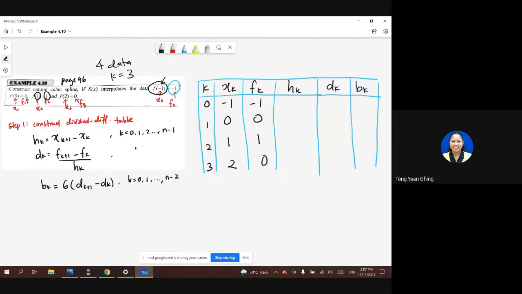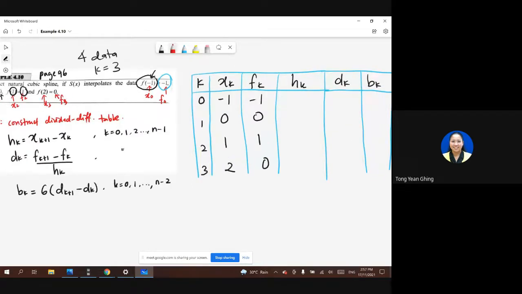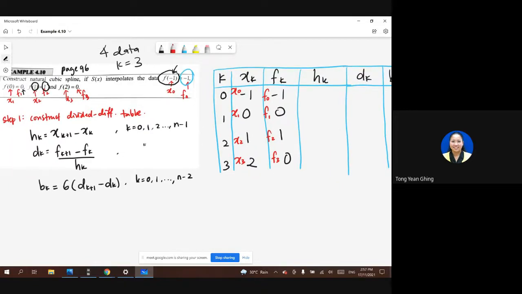Can or not? Or should I write here? I enlarge it, I write this is X0, this is X1, this is X2, this is X3, this is F0, F1, F2, F3. Okay, so now I want to find H. So start from K equal to 0.